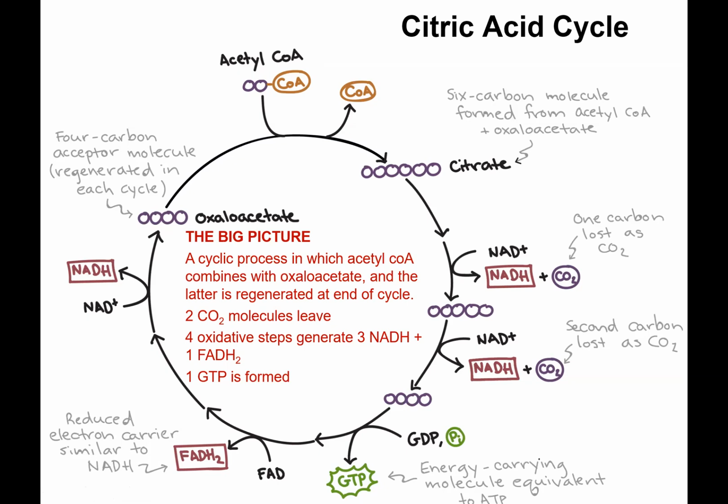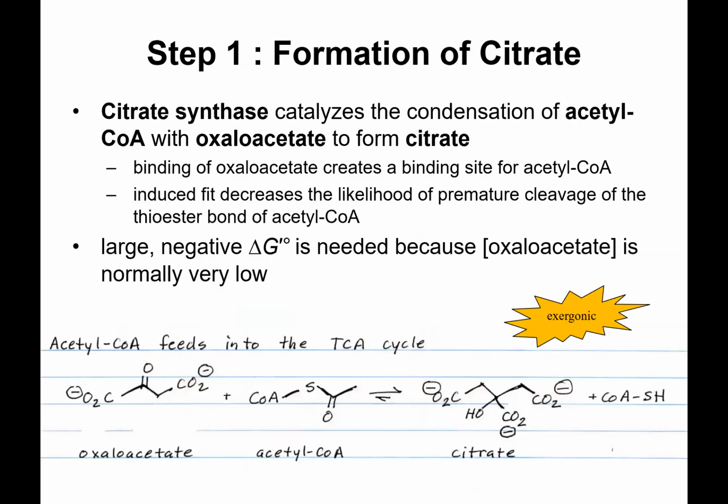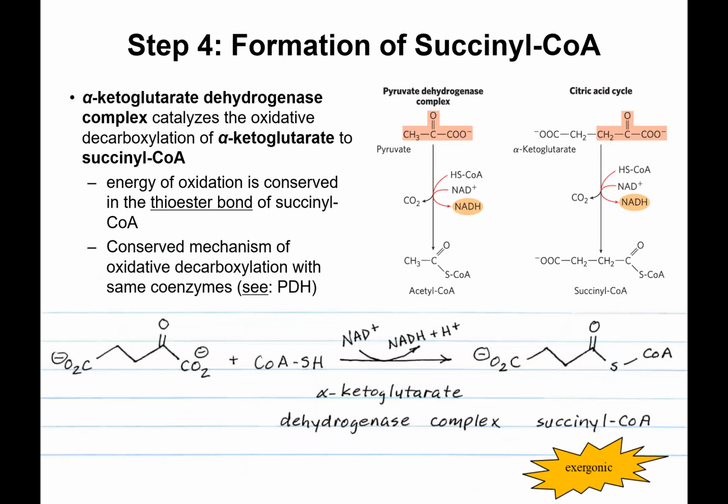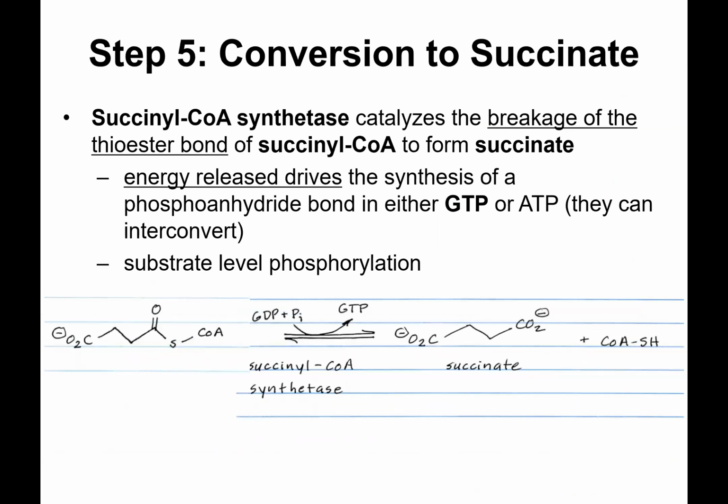And I think we're about to talk about the reaction of succinyl CoA to succinate, or did we talk about that? I don't even know. We just got to it. Okay. So here we are, conversion to succinate. We have this activated compound here because we have once again attached a coenzyme A molecule in the previous step.